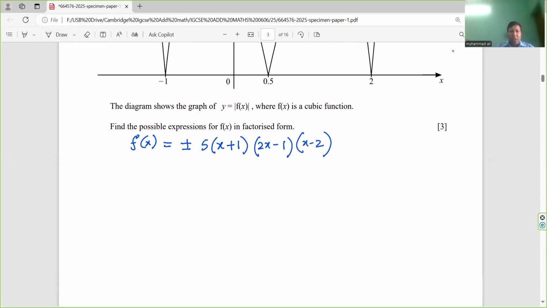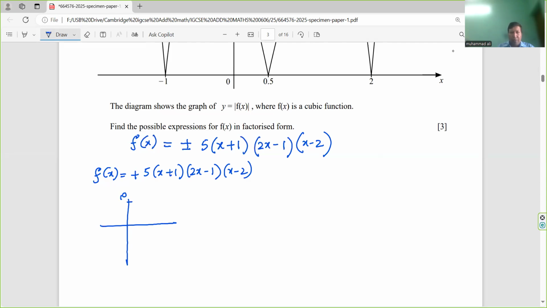Okay, here I try to explain. If f(x) is plus 5, x plus 1, 2x minus 1, and x minus 2, the curve will be like this. On the y-axis, it passes through 10.